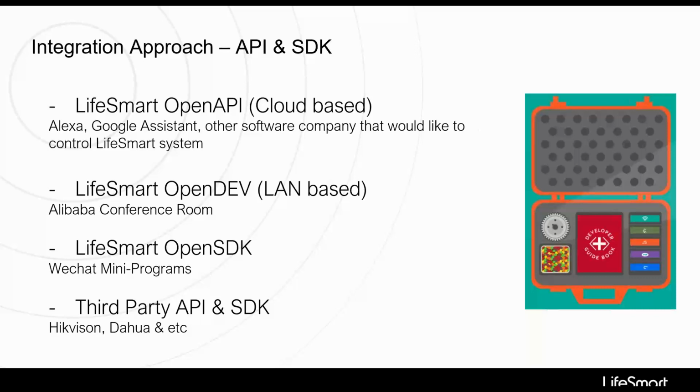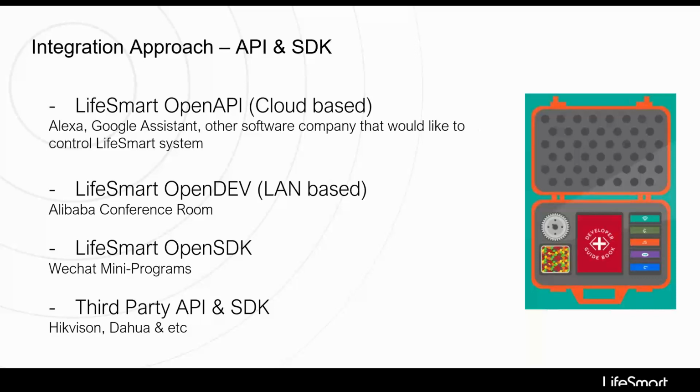One of the cases is a project we have done in China, Alibaba's headquarters conference room. In that project, all the LifeSmart systems are using OpenDEV to integrate with Alibaba systems. And the third option is LifeSmart Open SDK.